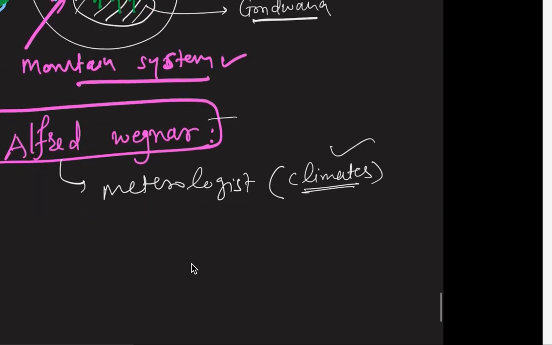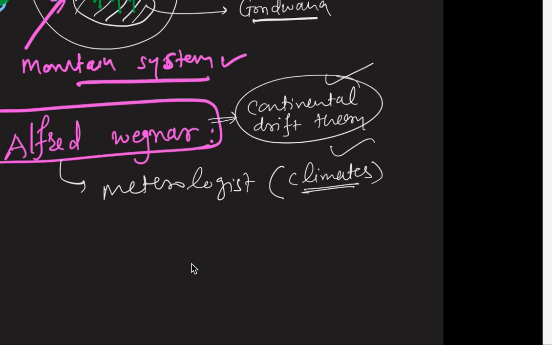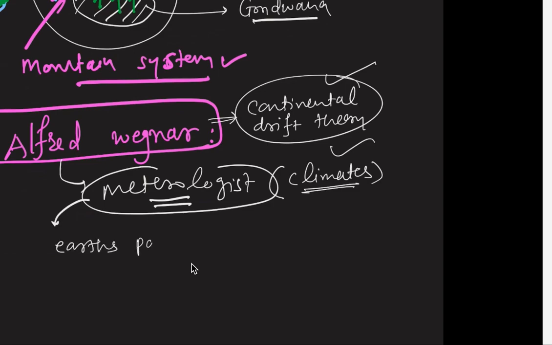He gave the theory called the continental drift theory. Now what does he say? Let us see, or what he studied first of all. He was a meteorologist, so he was interested in studying Earth's past. How the Earth evolved, how the plants and animals evolved over the period of time.